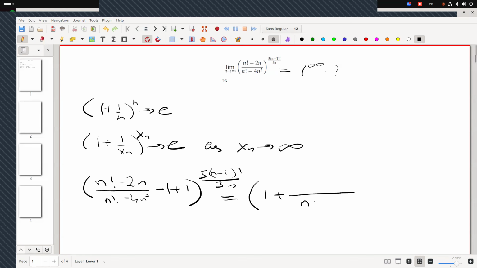We'll get n factorial minus 2n minus n factorial plus 4n squared, over n factorial minus 4n squared, taken to the power 5 times n minus 1 factorial divided by 3n.